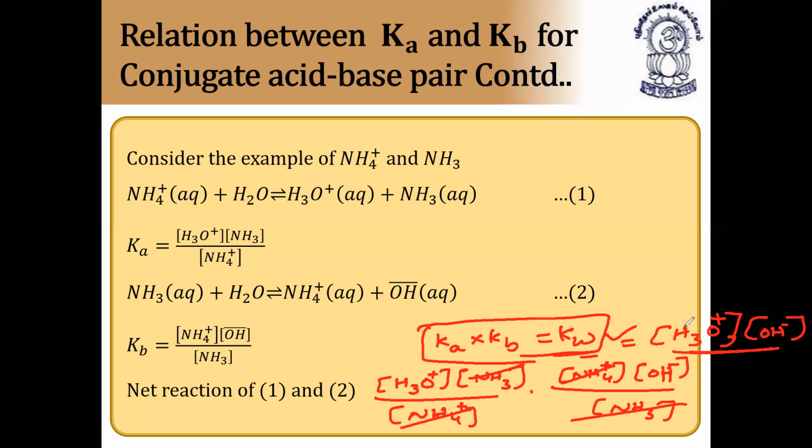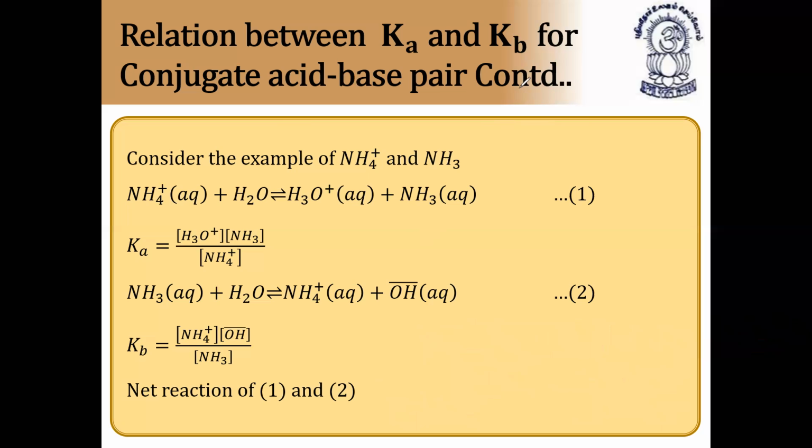This is the product Kw, and it is equal to 1 into 10 to the power of minus 14, as we already know. So always Ka into Kb is equal to Kw for a conjugate acid base pair. This relation is very, very important. Please note it down. In the numericals also they will ask in the examination.